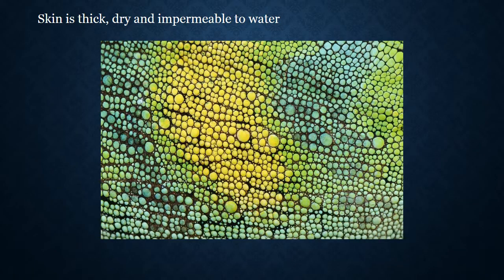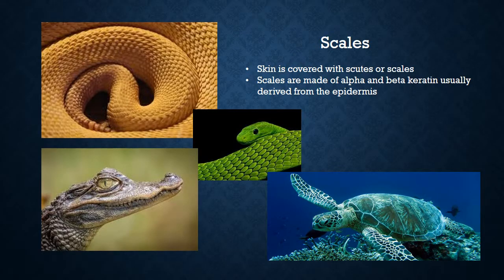Okay, so here's their skin. Like I said, their skin is dry, but it's thick and it's impermeable to water. So obviously they are not going to have any of that cutaneous respiration. Now, we talked about scales versus scutes. They can have either one, but in reptiles, their skin is covered by one of the 2.